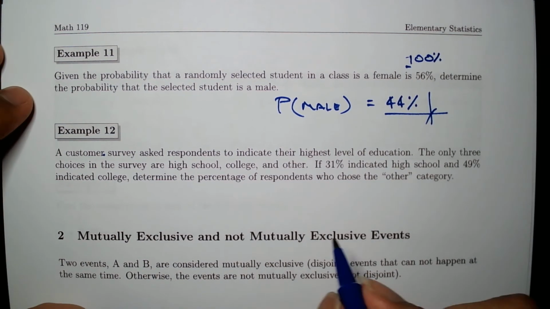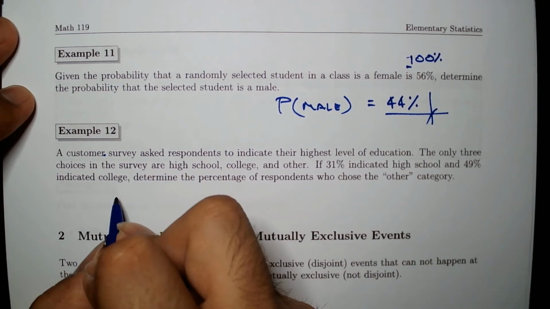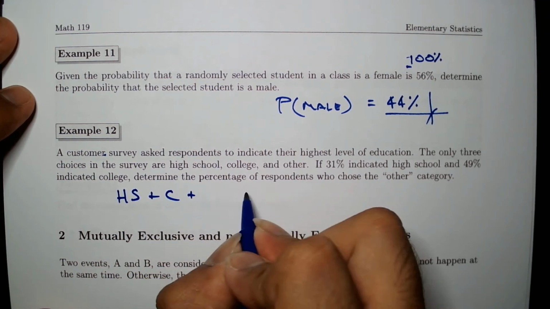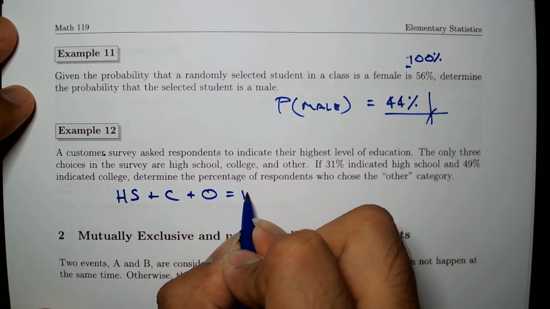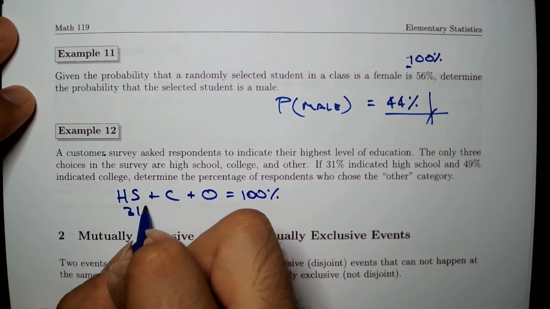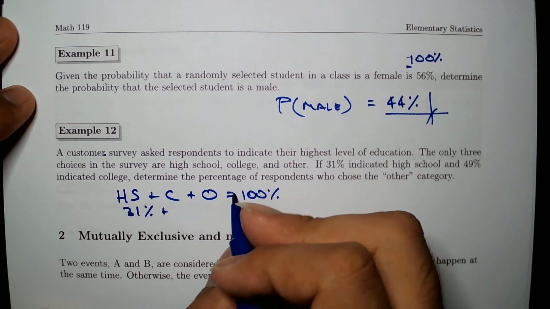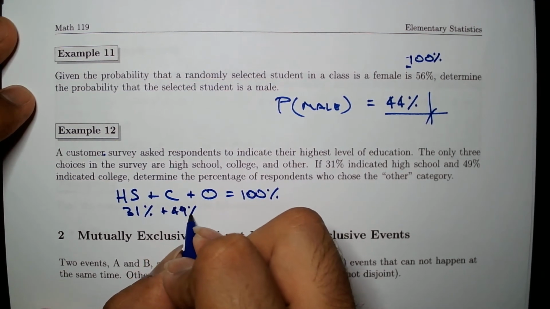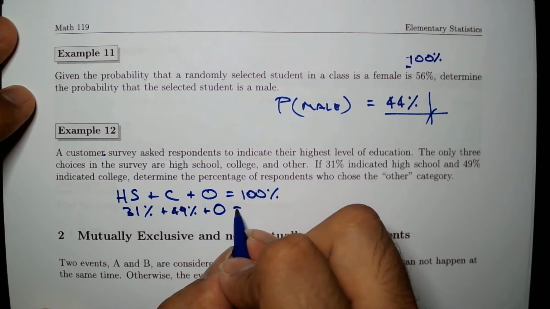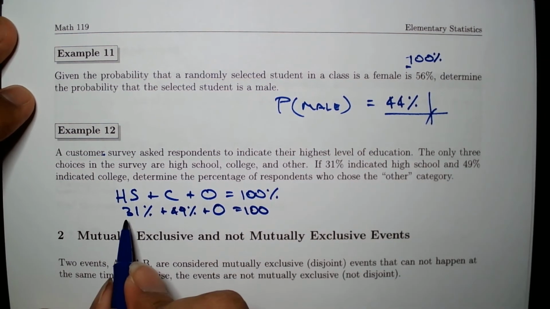All right, so what do we have? High school, college, other. That has to add up to 100%. In this case, 31 plus 49 plus other equals 100%.